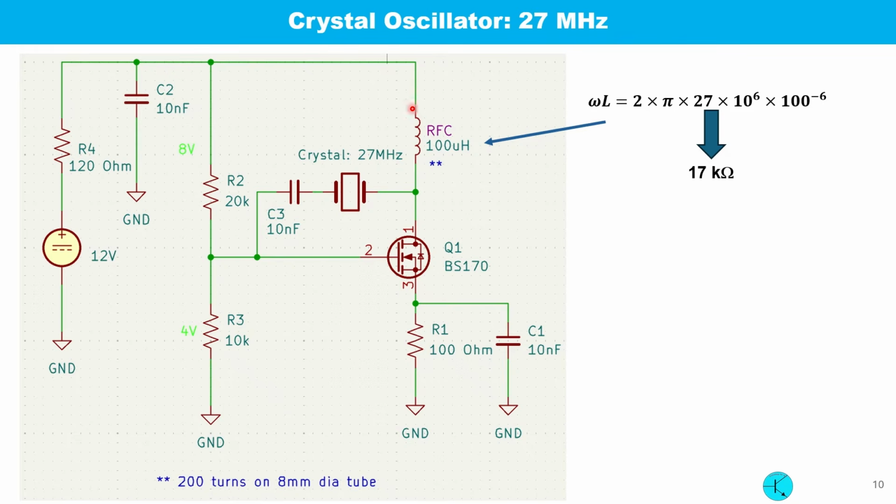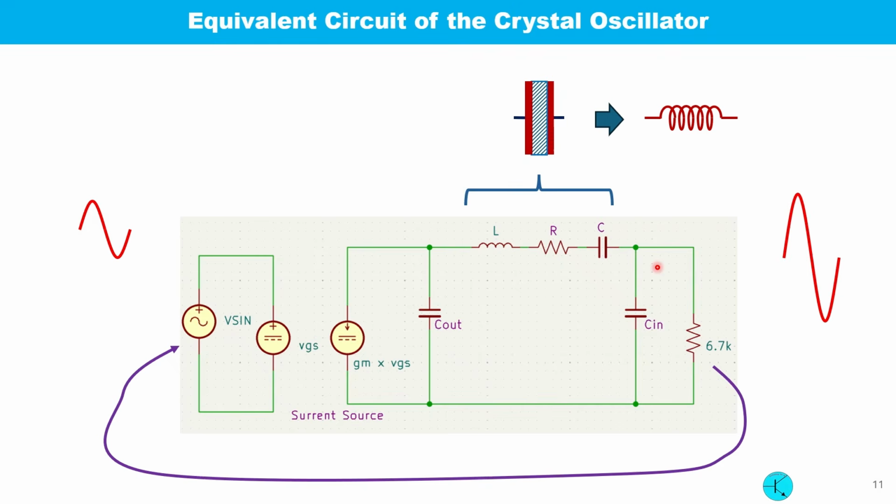The RF choke, which is 100 microhenry, represents a very high impedance at 27 MHz, which is nearly 17 kilo ohm. This is the equivalent circuit of the oscillator.